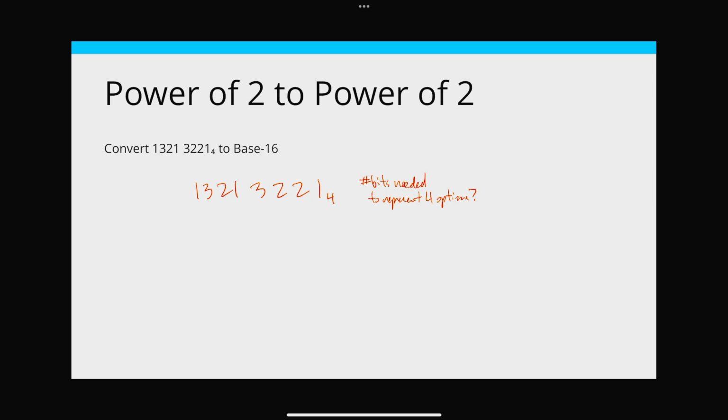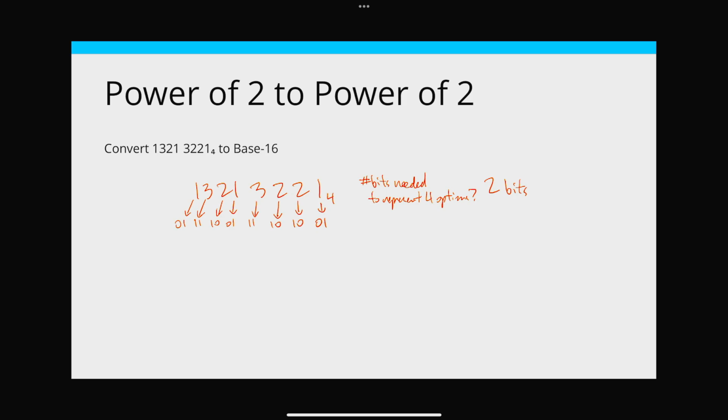Right, that's our question. Well, I need 2 bits. So let's go ahead and represent each thing with 2. So 1 is a 0, 1. 2 is a 1, 0. 2 is 1, 0. 3 is 1, 1. 1 is 0, 1. 2 is 1, 0. 3 is 1, 1. 1 is 0, 1. So there's my number in binary.